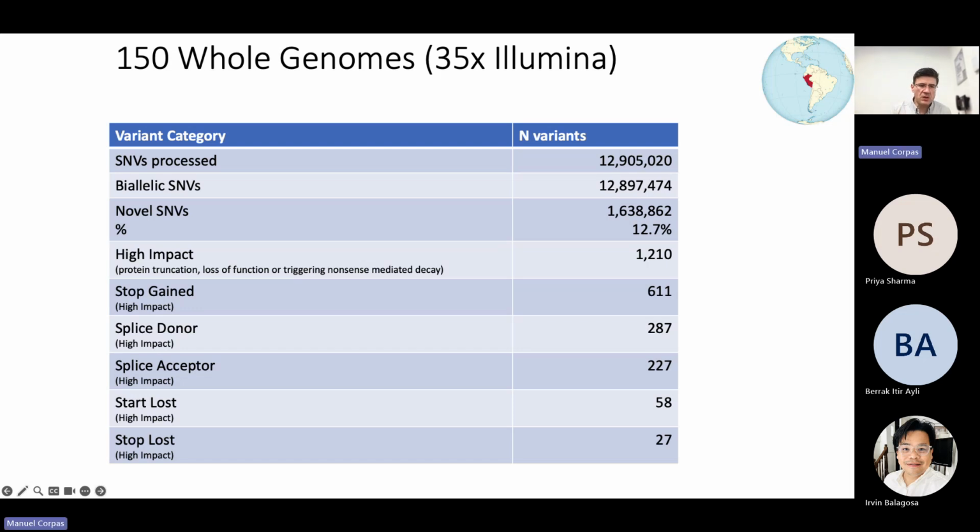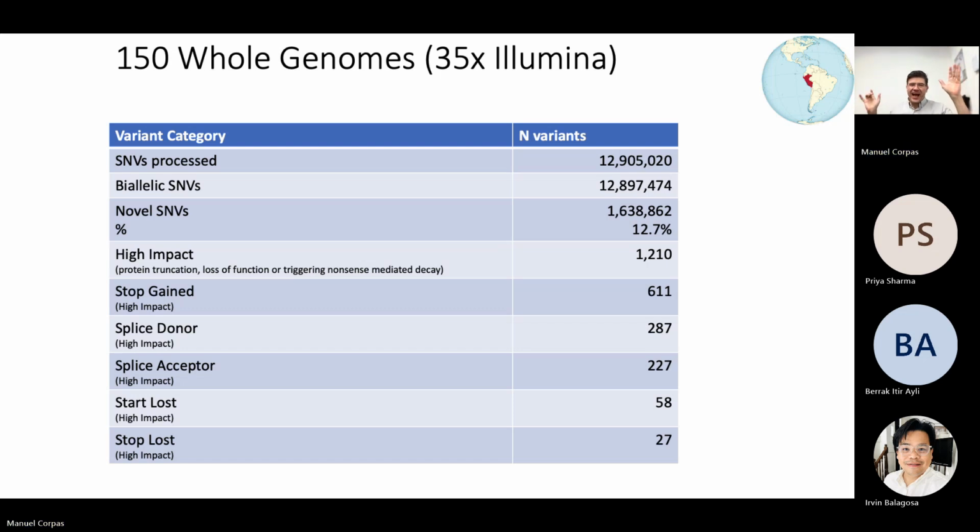What I want you to see is two things. One, that from the 13 million variants, these are all of the genetic variations, the genetic differences that we observe in 150 individuals scattered throughout Peru, okay?